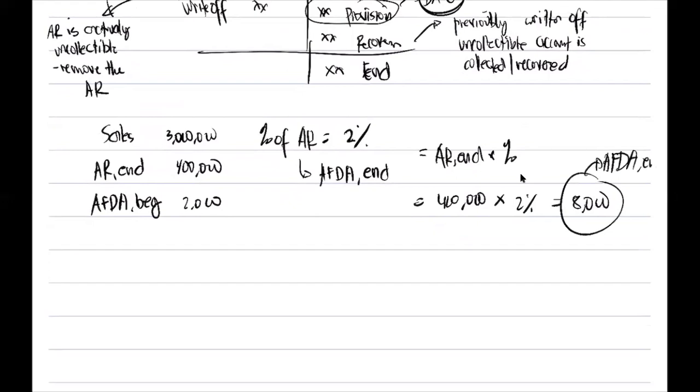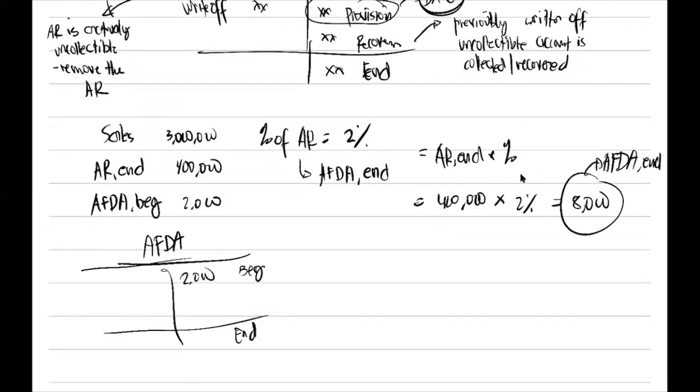So you need to compute for the provision. So kailangan natin kunin yung T account ng AFDA. So what is the beginning? 2,000. Ano yung ending AFDA natin? 8,000. So kailangan natin kunin dito yung provision. Magkano yung kulang para maging 8,000 siya? 6,000. So, ano yung entry natin?